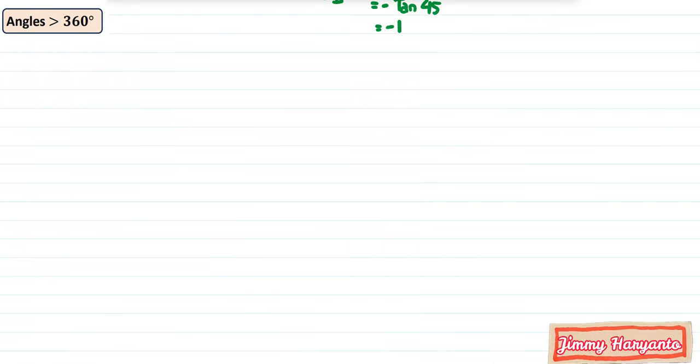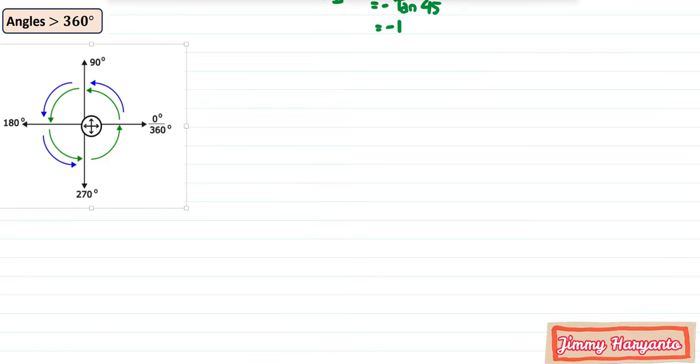And the last one is angle greater than 360. Yeah, angle can be greater than 360. Let's say 400, 500, 1000, 1 million. Angles can be very large numbers also. But what is the meaning of angles greater than 360? The meaning is the angle already does a lot of rotations or some rotation.